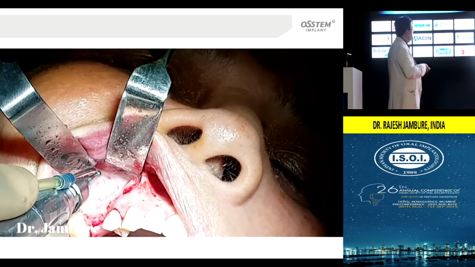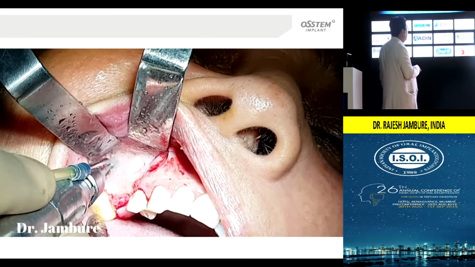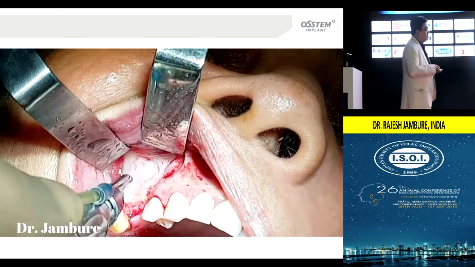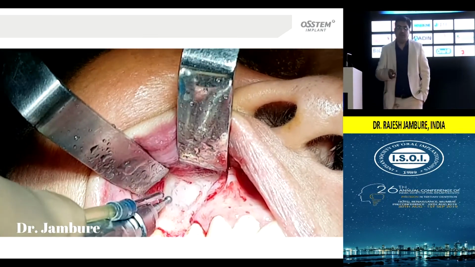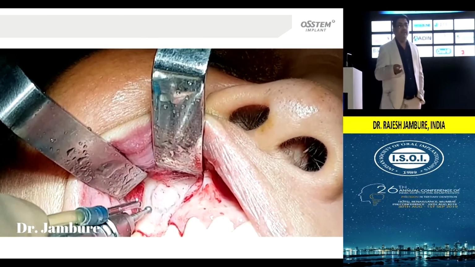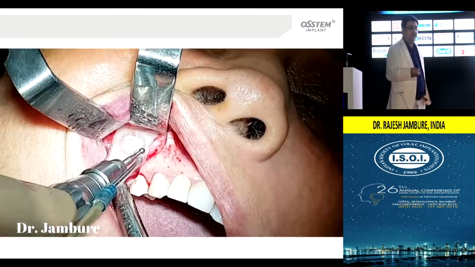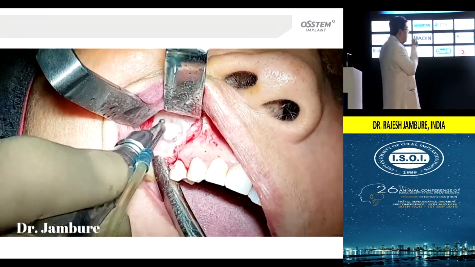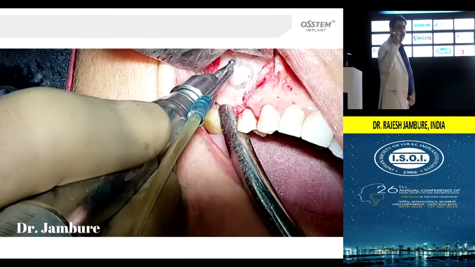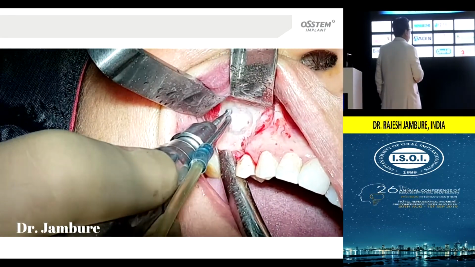This is something which we use for irrigation along with these straight hand pieces, and the simple technique of using a burr. You can use carbide burrs, or in some of your cases you can even try diamond points. Wider diamond points are very good to use in these cases.